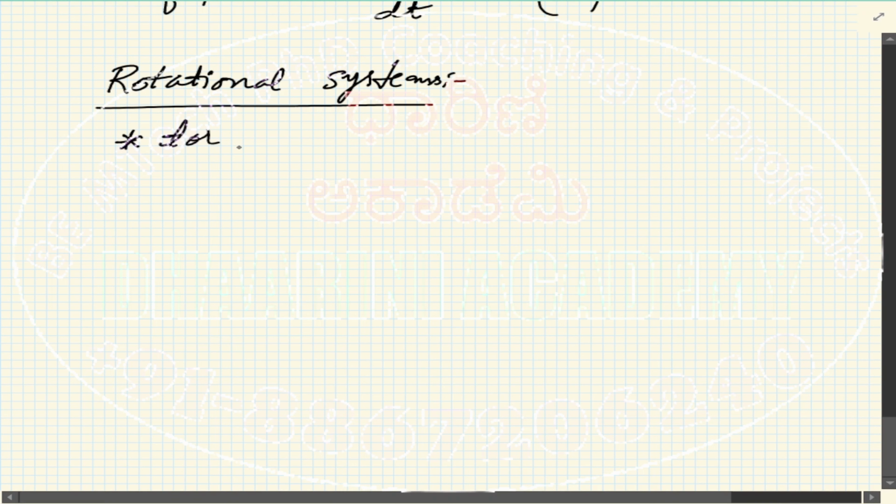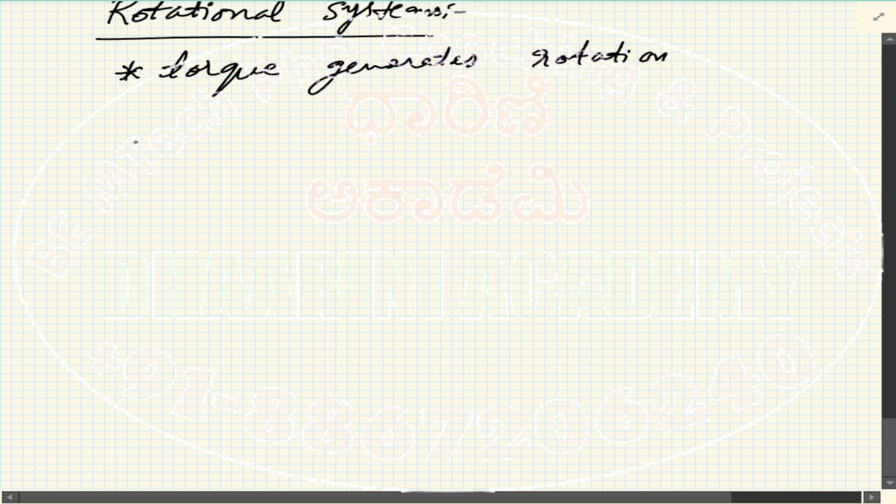So the first element is, it's not mass, the equivalent of mass in a rotational system is called inertia. So inertia is J. The representation slightly changes now.